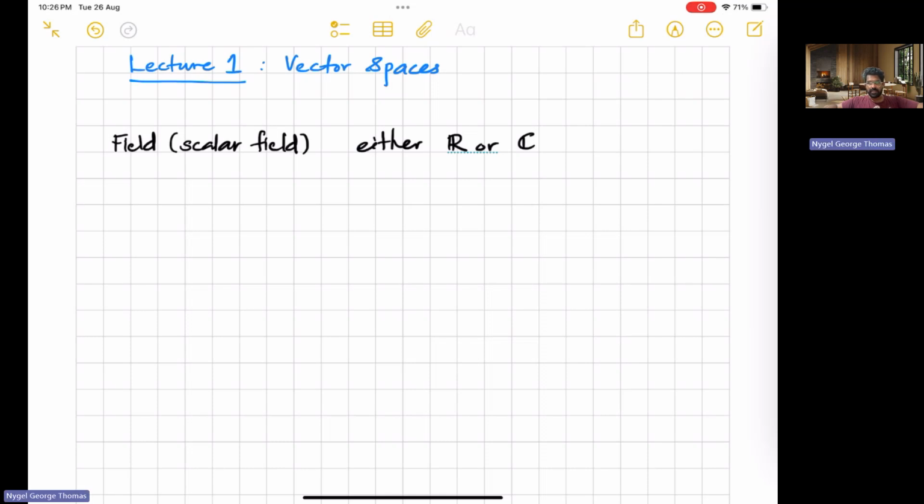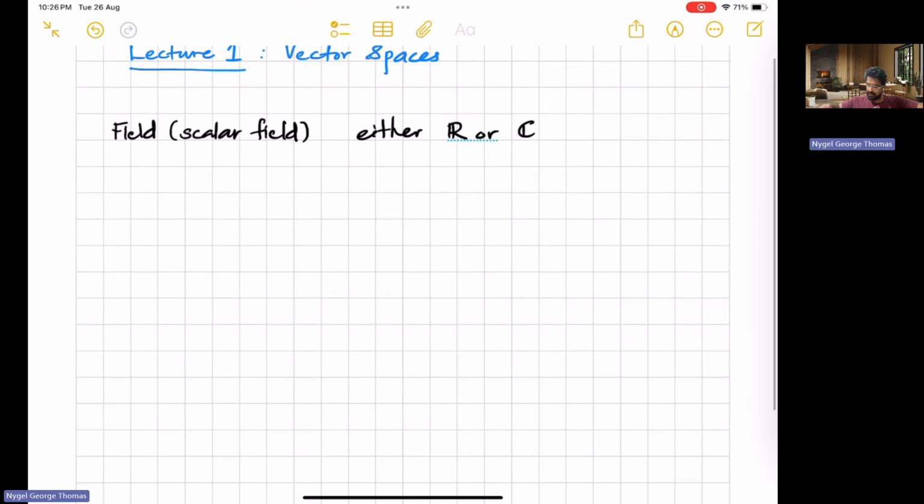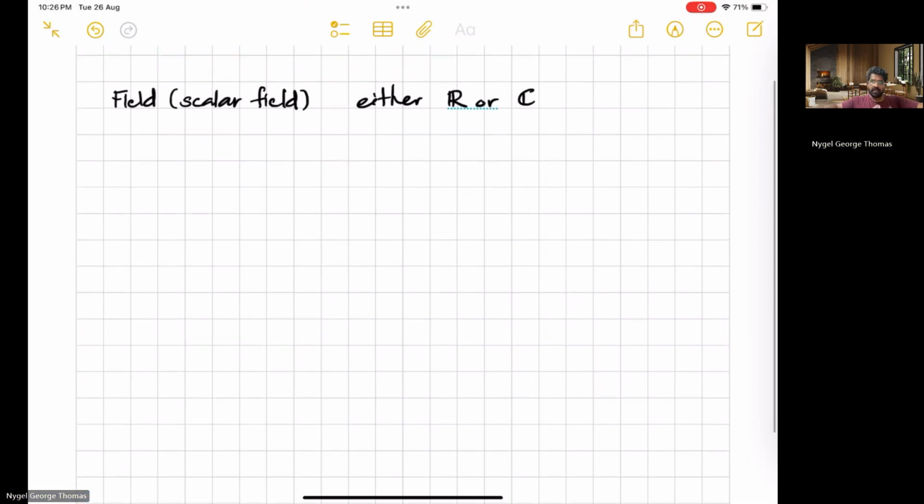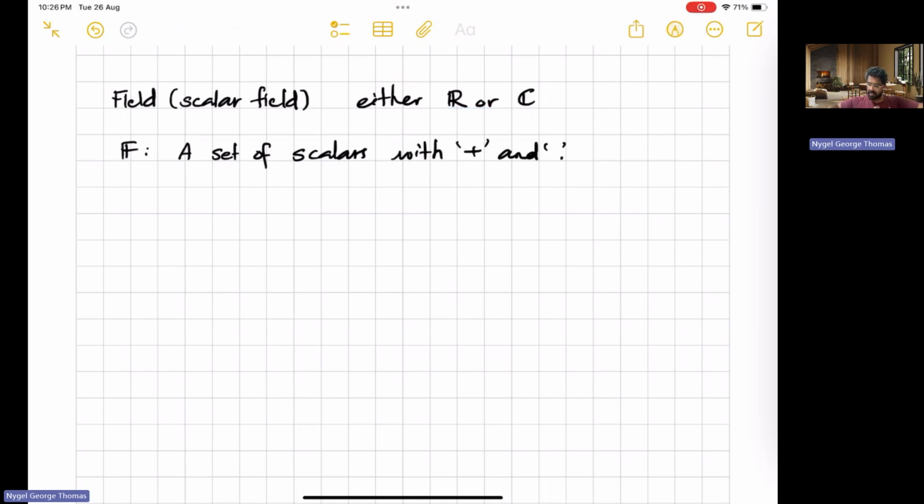So basically, for the purpose of this course, we define a field as a set of scalars with addition and multiplication defined on the set.